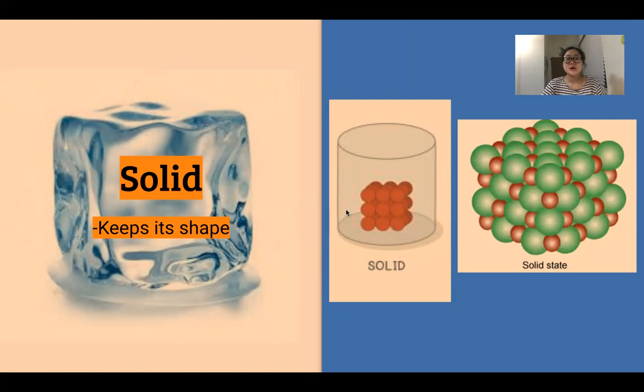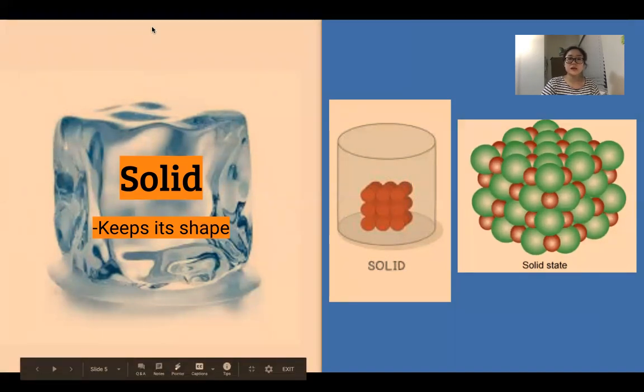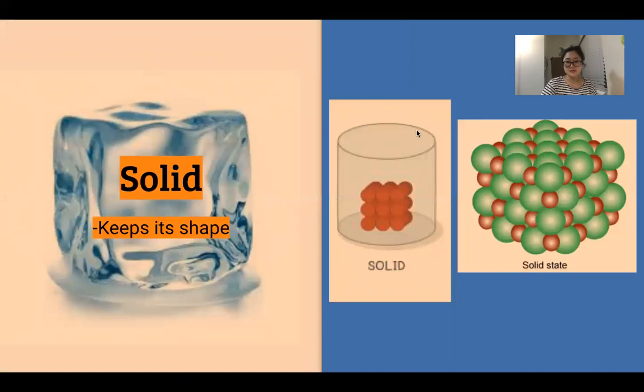And so to further explain these three states of matter, we're going to go through it right now. So a solid is something that keeps its shape. So if you see right here, there's an ice cube. If we were to put it in a container like this, and it was a very magical ice cube and it never melted, this is what it would look like.